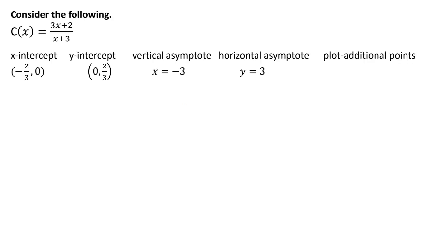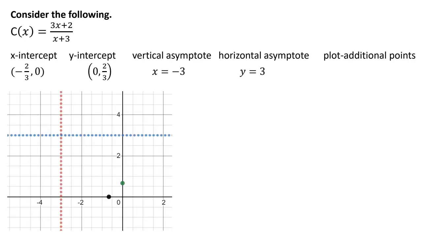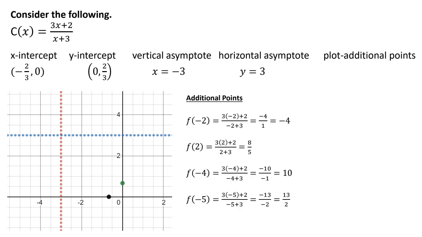Let's pick some additional points to do our graph. And again, I like to pick points to the left and right of my vertical asymptote, and then a few points just to see where my graph is lying, right? So let's start here with x equals -2 and x equals +2 again, because my vertical asymptote was -3. So this is to the right of my vertical asymptote.